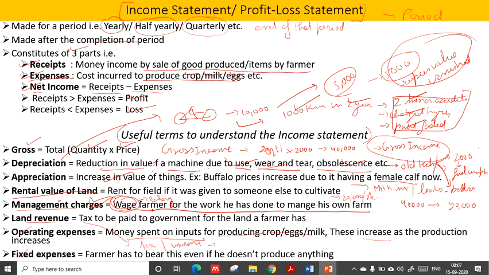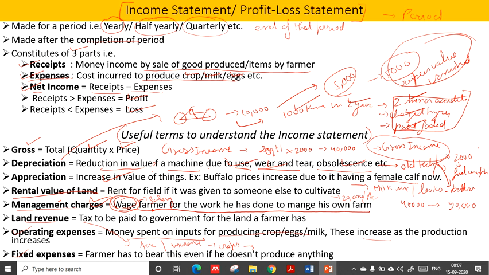And let's say insurance on crops, now it has been made voluntary, but earlier you were supposed to pay insurance money if you had a KCC on your land. If you are not producing anything, they don't care, they'll just deduct the premium from your account.